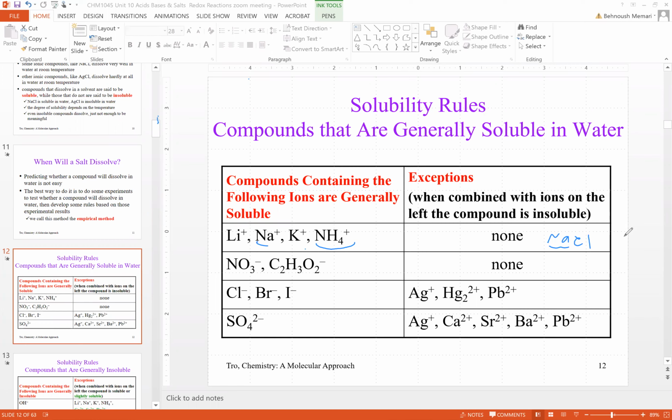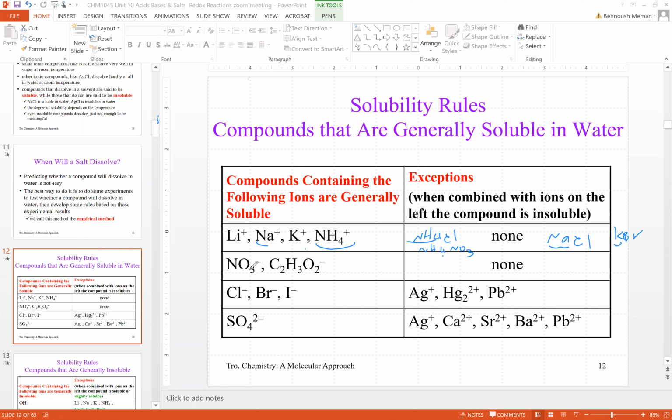Potassium bromide is soluble because potassium is in this rule with no exceptions. Ammonium chloride and ammonium nitrate are soluble because anything that contains ammonium is going to be soluble.